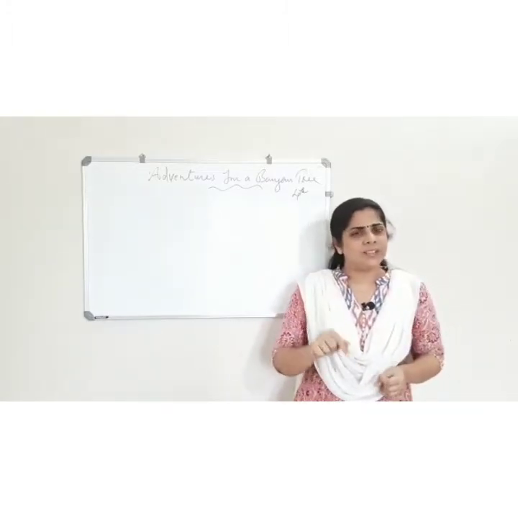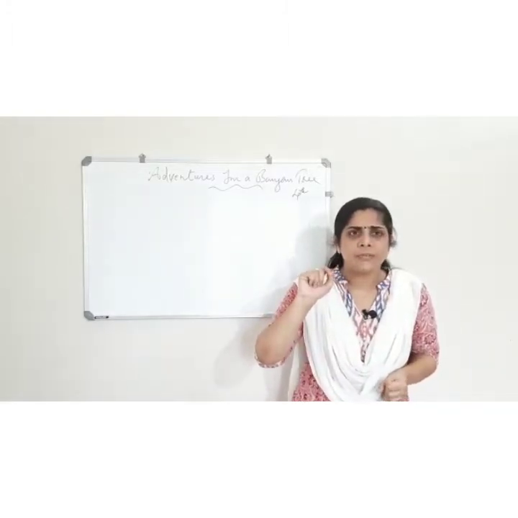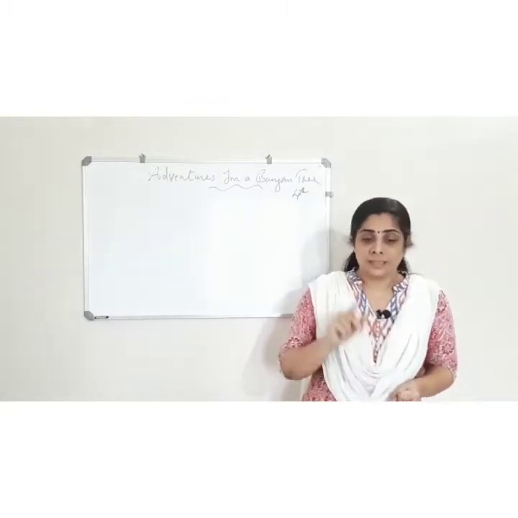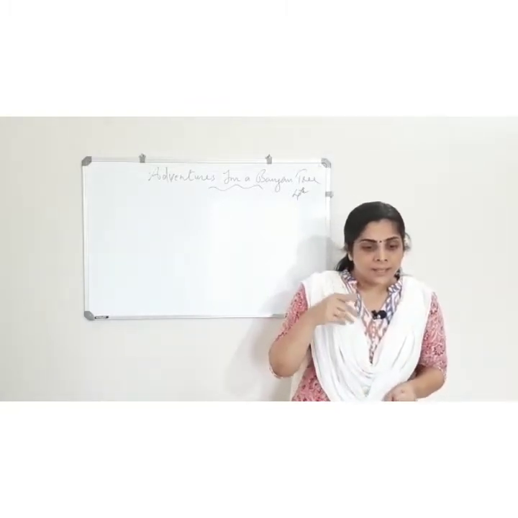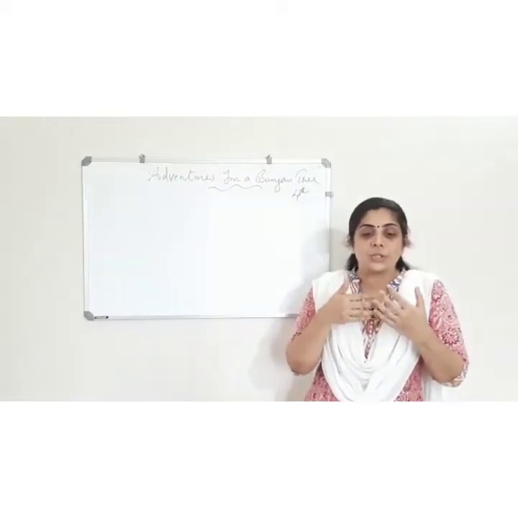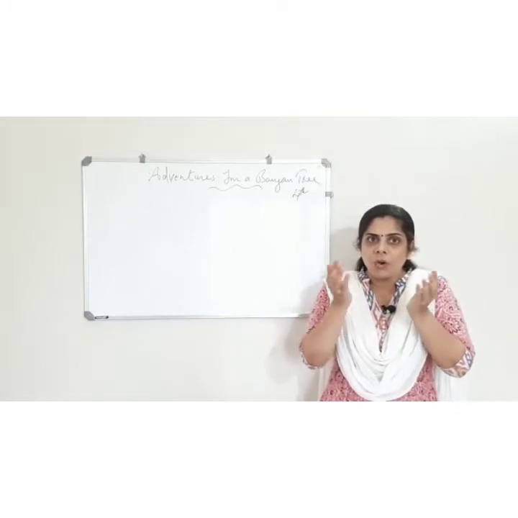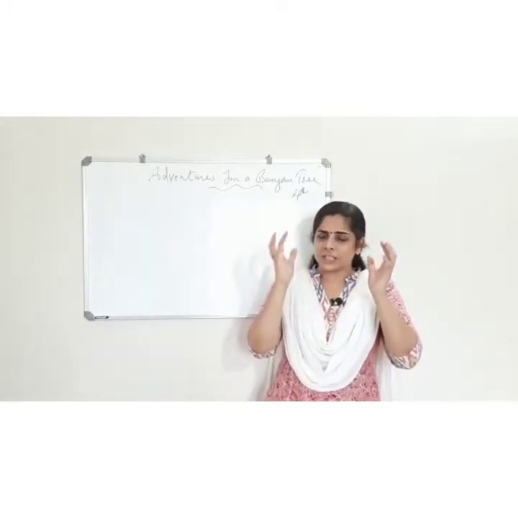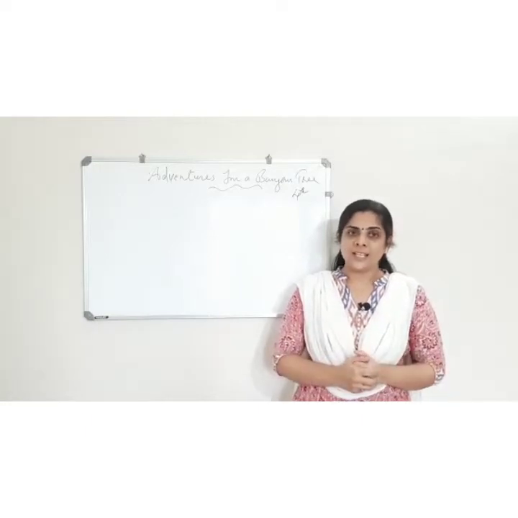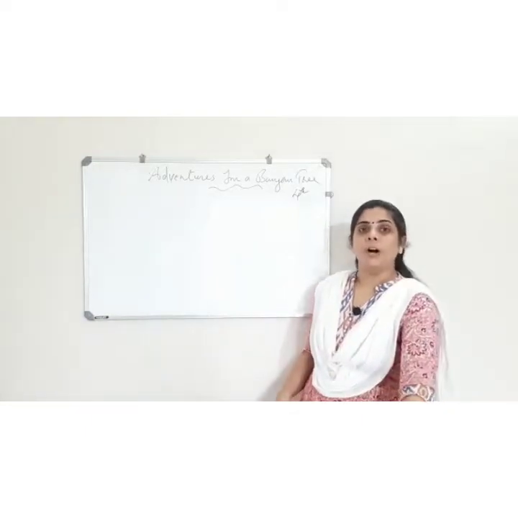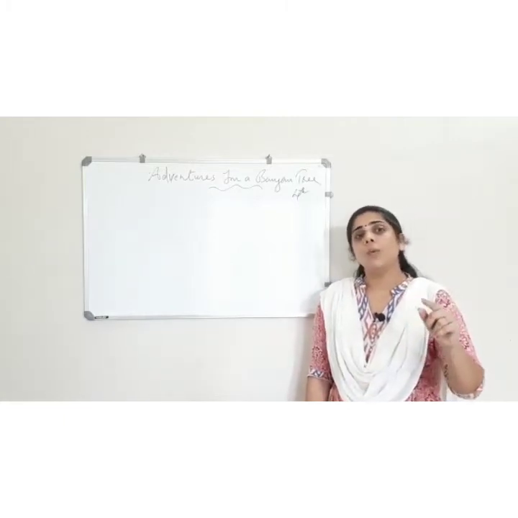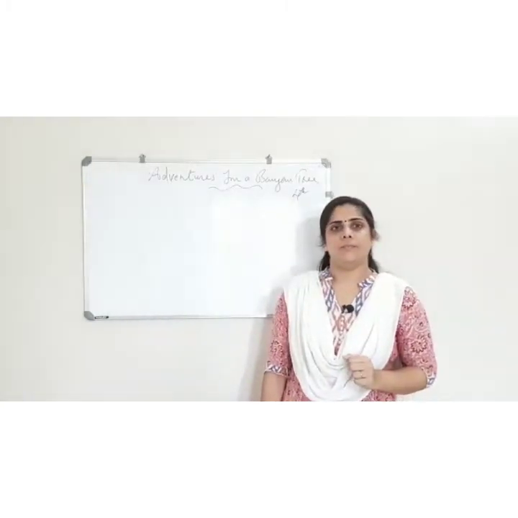Are you familiar with red fig fruits? Maybe not. Okay, I will show you the images. And birds of all kinds would flock into its branches. What is the meaning of flock? Flock is a group of birds.